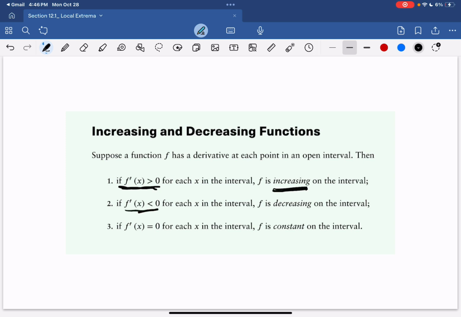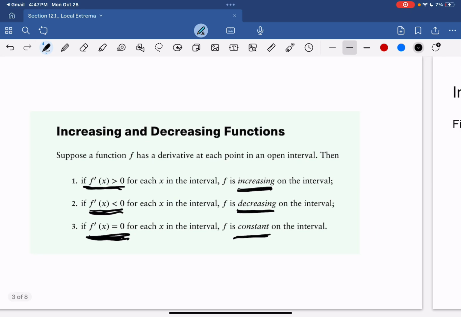If the derivative is negative, so it's less than 0, then it's decreasing. And if the derivative is equal to 0, then it is constant, whether that be at a single point, on an entire interval, whatever the case. If it's positive, it's increasing. If it's negative, it's decreasing. If it's equal to 0, then it would be constant.